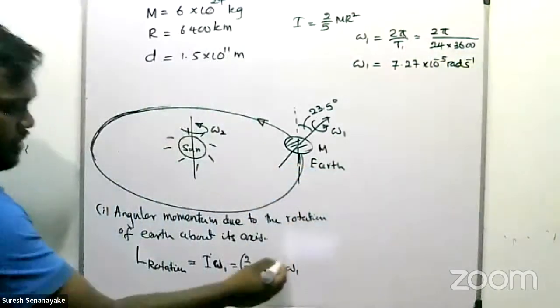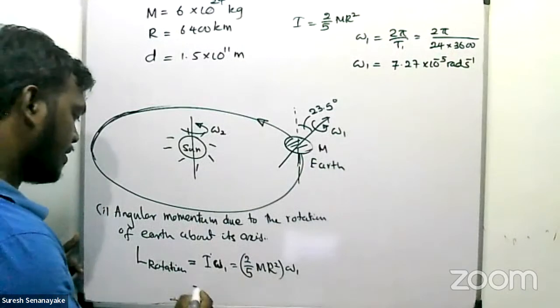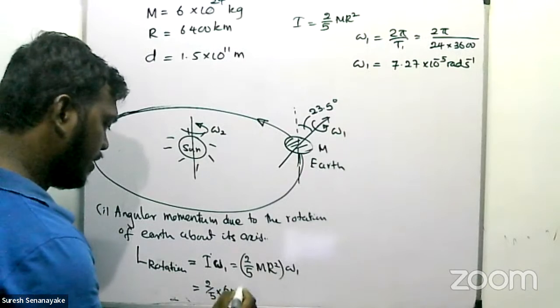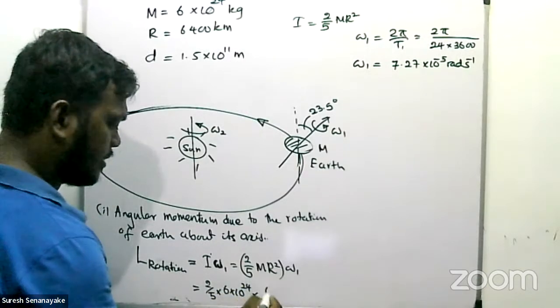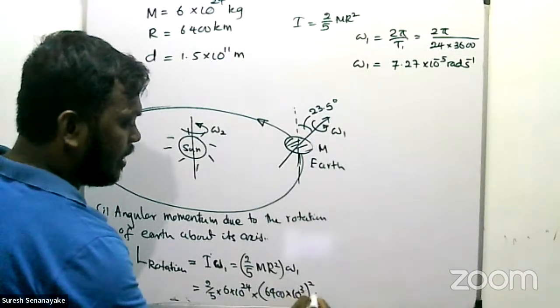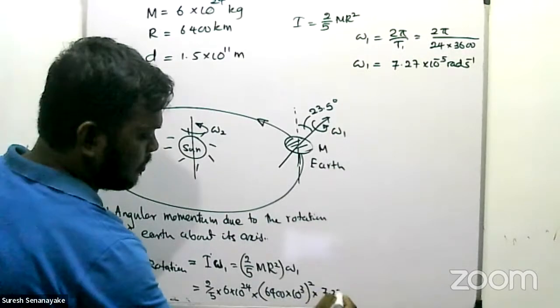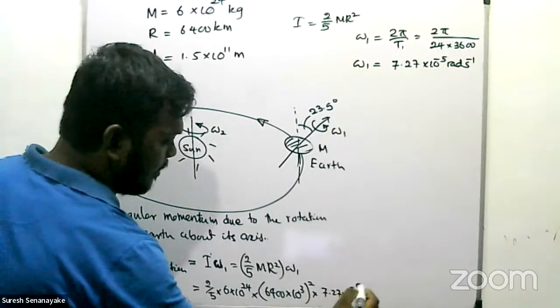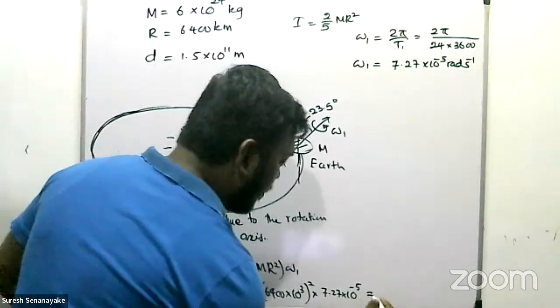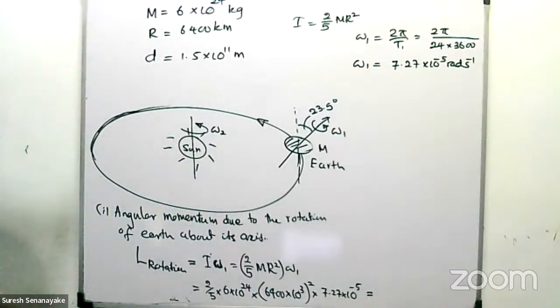Now you can substitute and calculate this: 2/5, m is 6 × 10^24, and the radius 6,400 × 10^3 meters, squared, and omega 1 is 7.27 × 10^-5. Then you can get the angular momentum of the rotation of the Earth. This is not the total angular momentum, right? This is the angular momentum of the rotation about the Earth's rotation axis.